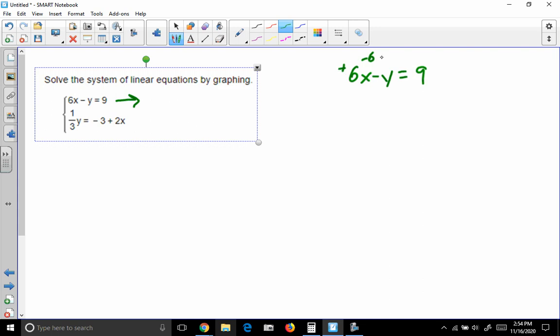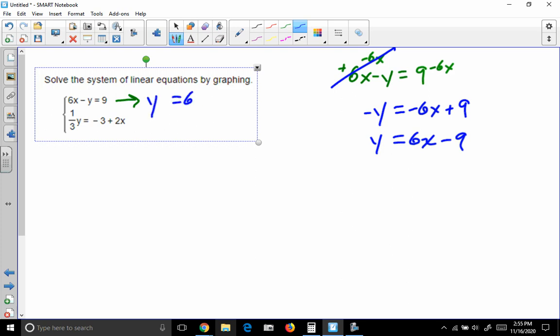The opposite of a plus would be a minus. 6 minus 6 is 0, so minus y. We want to put the x term and then the constant, the one that doesn't have an x. If minus y is this, y is the opposite. It's positive 6x minus 9. So we just changed all of the signs. So that's what we changed the top equation to.